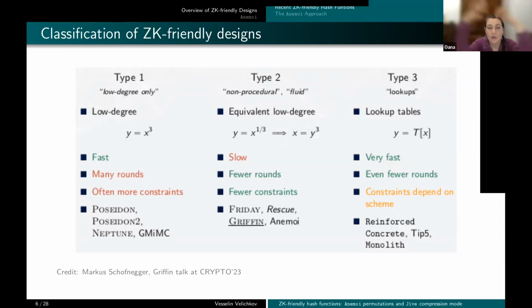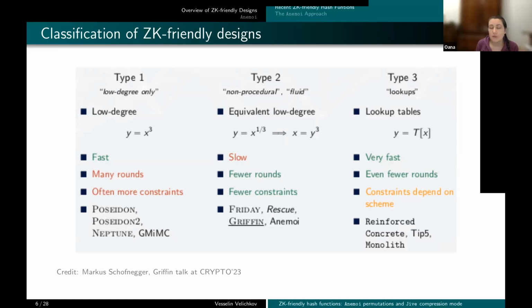Sorry about that. So this ZK-friendly designs, this classification takes into account only hash functions. Yes. It does not take into account some other, whatever, I don't know, ciphers, for example. You mean like a ZK-friendly block cipher or something like this? Is that what you mean?